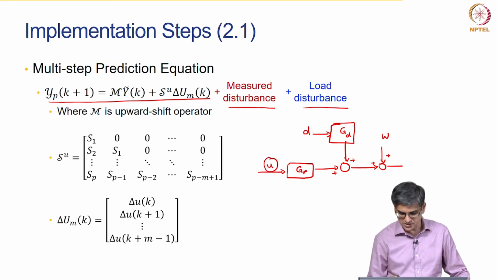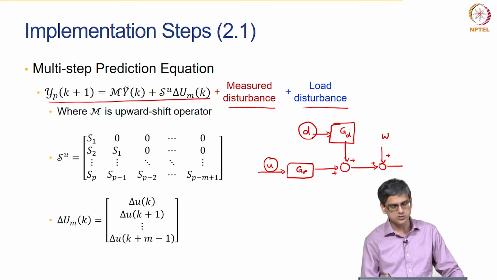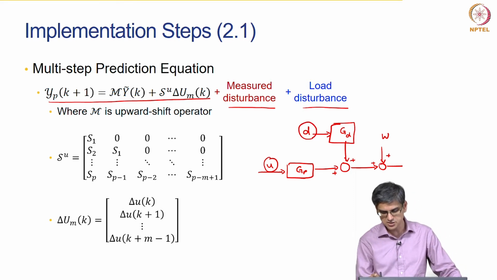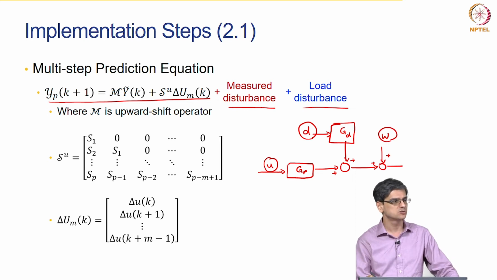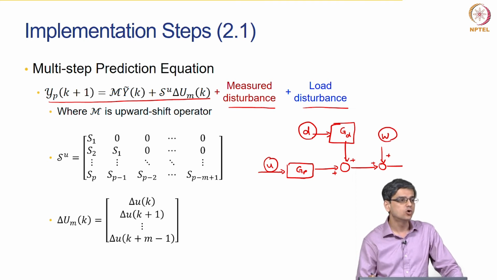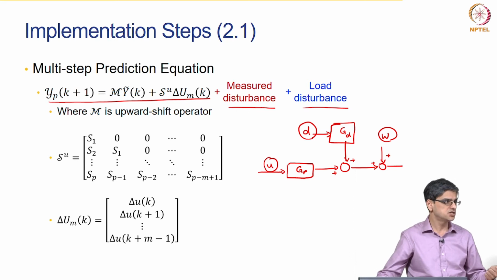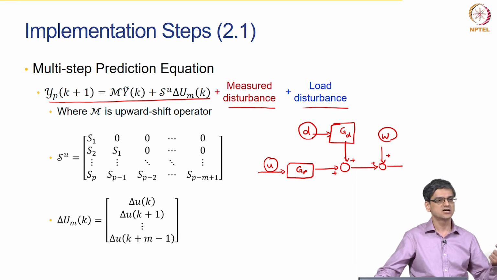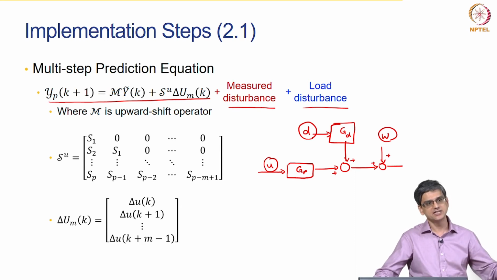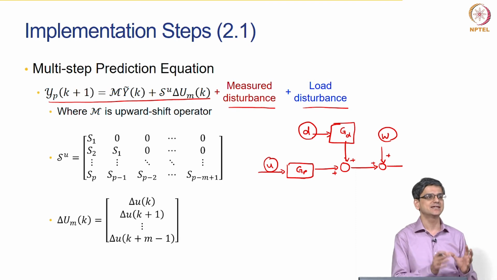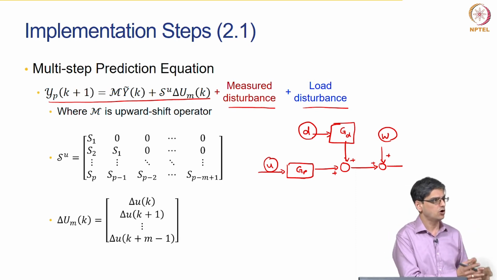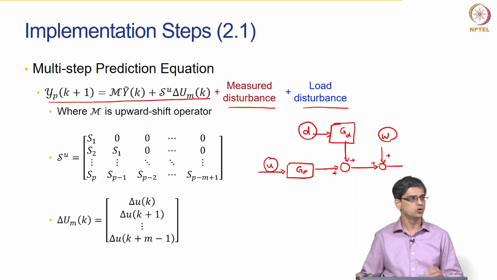U is inputs, manipulated inputs, D is measured disturbance and W is what is known as load. Okay. Now, load could be unmeasured disturbances, load could be things that you use in order to catch model plant mismatch, anything and everything that is not measured and modeled, we capture it through the load disturbance.